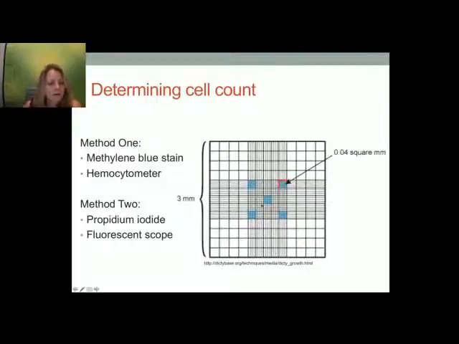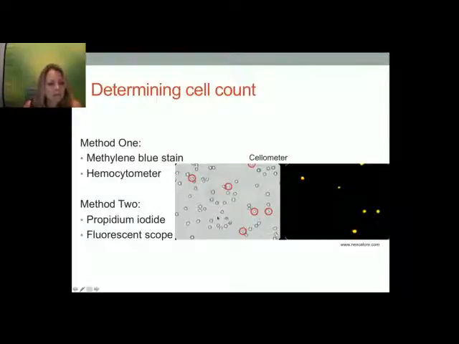An alternative method, which requires a higher cost and equipment beyond a normal microscope and methylene blue stain, is to use propidium iodide. Propidium iodide is a fluorescent stain that will stain dead cells, similar to methylene blue. So here's an example. These are all live cells, just under bright field microscopy.